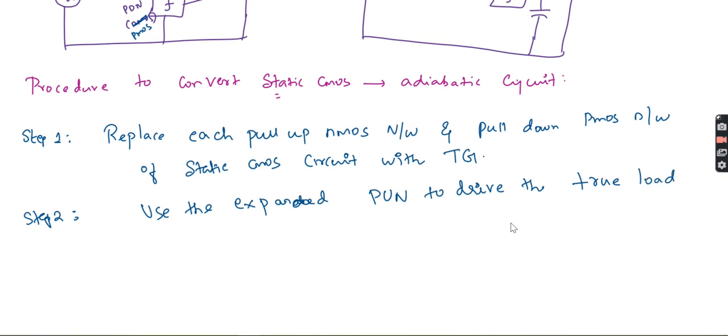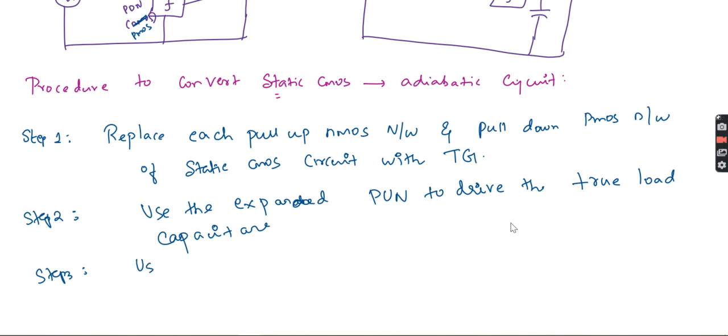True load capacitance. That is just step 2 you have to do. So step 2 is what? You have to use the expanded pull up network to drive the true output capacitance.